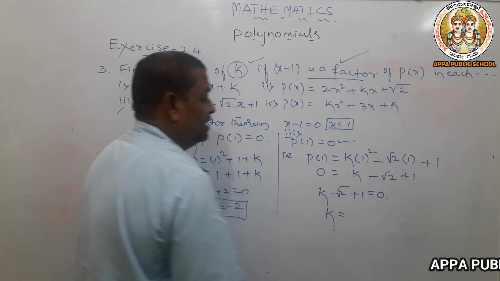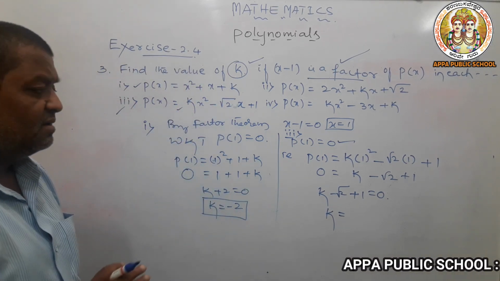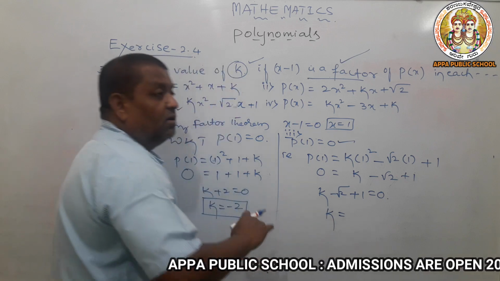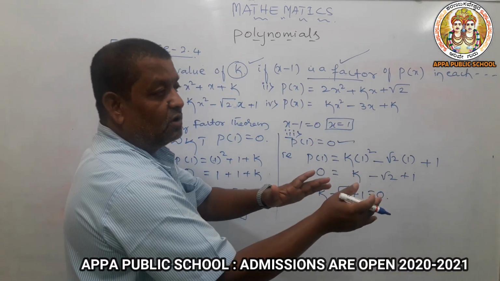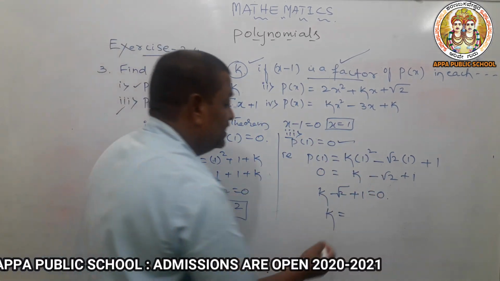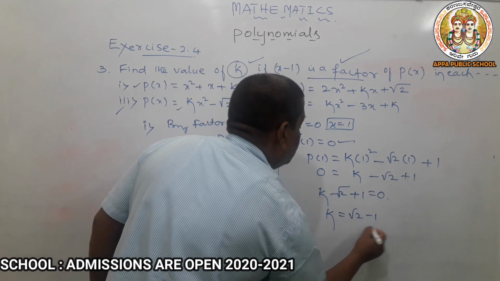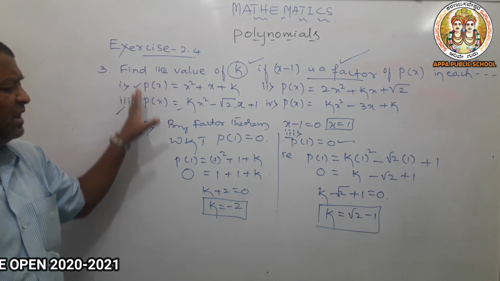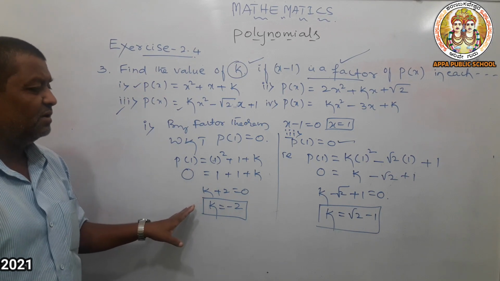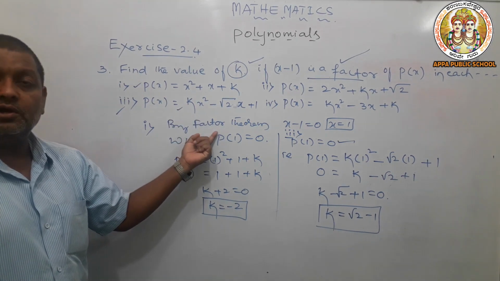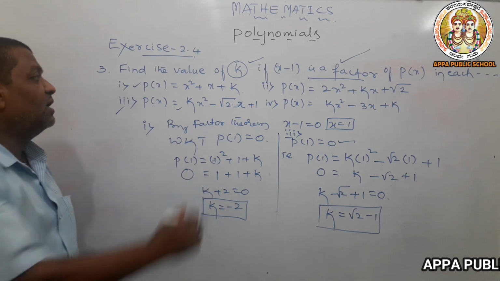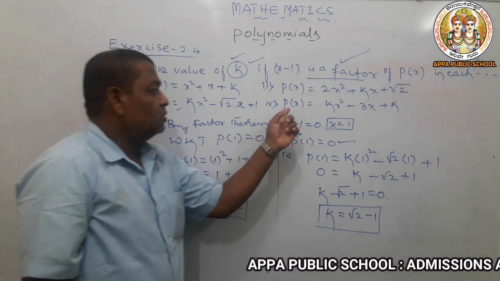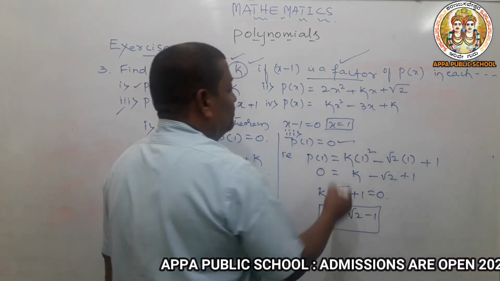I want only k, so shift all numbers to the RHS. When numbers move from LHS to RHS, the signs change. So k equals root 2 minus 1. In this way, very simply, by using the factor theorem, we can find the value of the unknown.